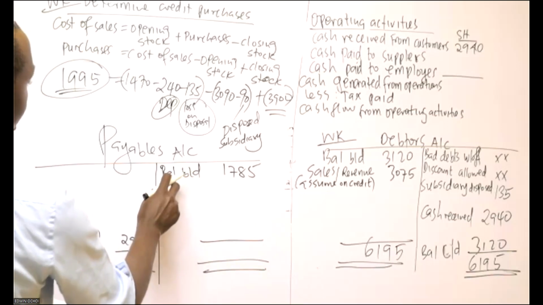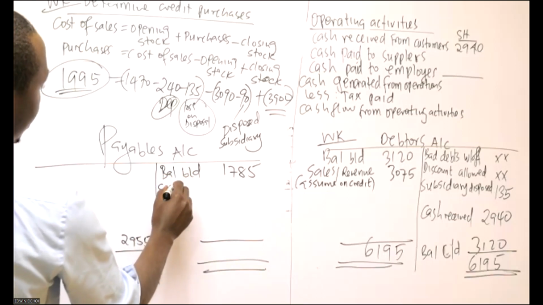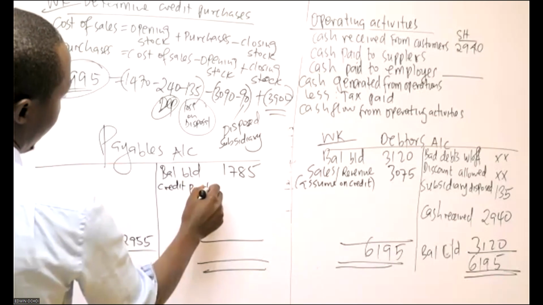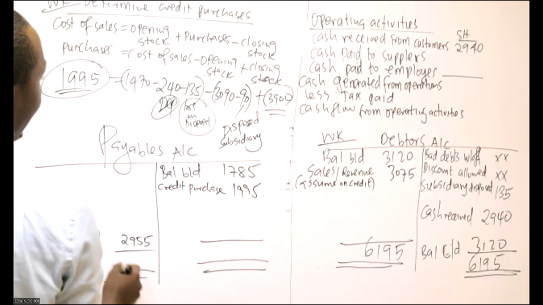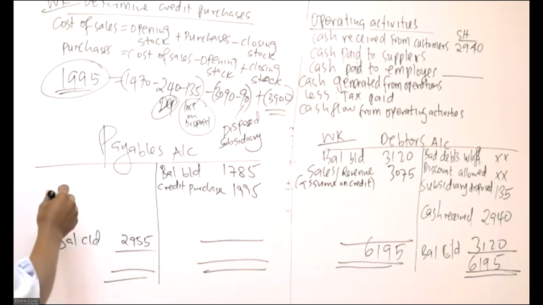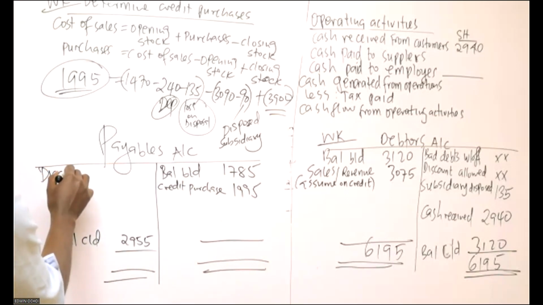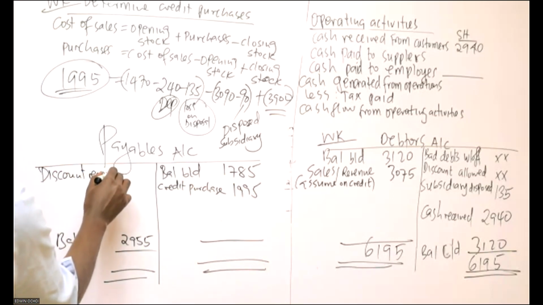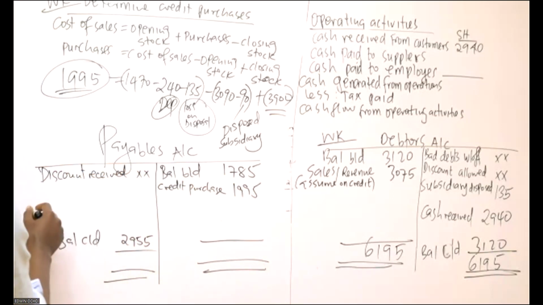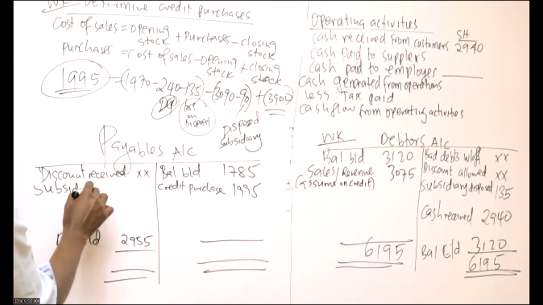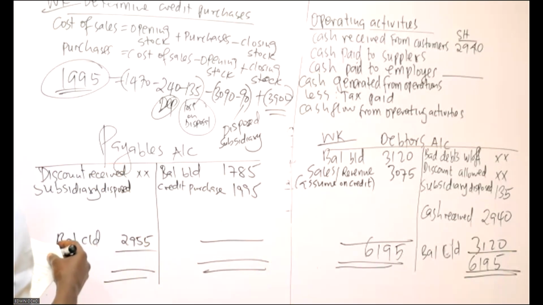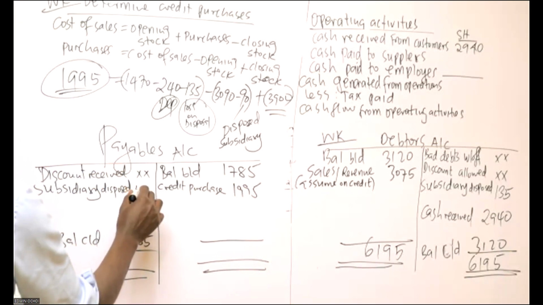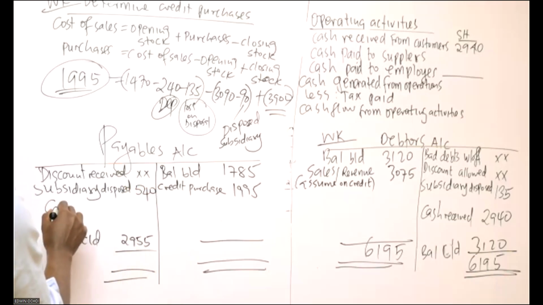And what increases your creditors' balances? Credit purchases. And that is what I have determined here, 1995. What can reduce your creditors' balances? Discount received, but it was not there. Then what can reduce again this? The payable of the subsidiary disposed. This subsidiary disposed was having a payable of 540.